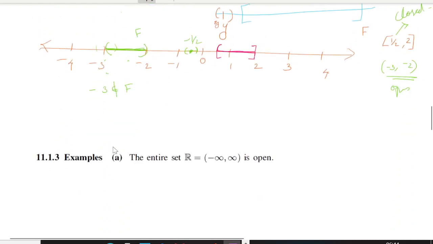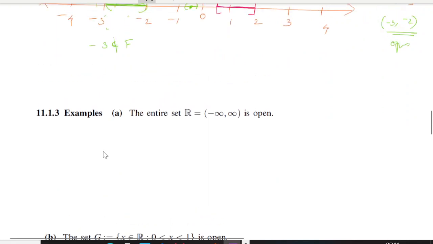Now we will have some examples. First example: the entire set R is open. So for any real number, 1, 2, 3, 4, minus 1, minus 2, minus 3, minus 4, whatever point we take, we want to say that there exists an epsilon neighborhood of that point which is completely contained inside the set.